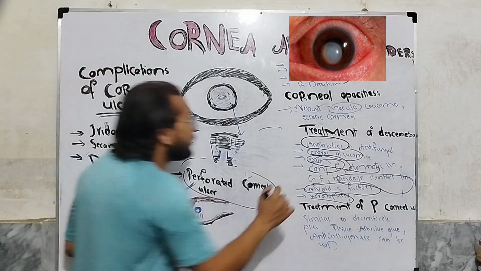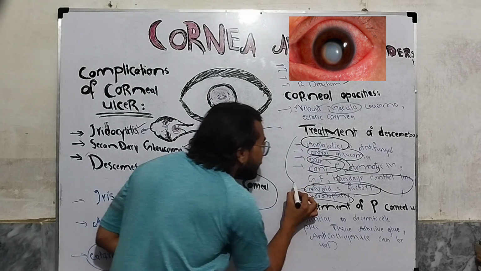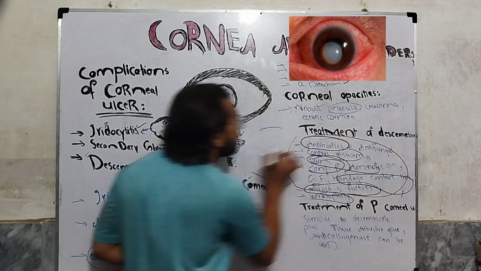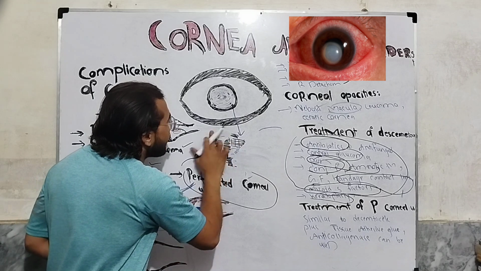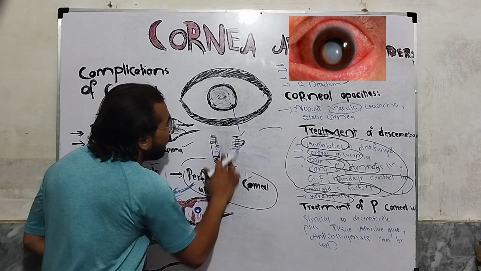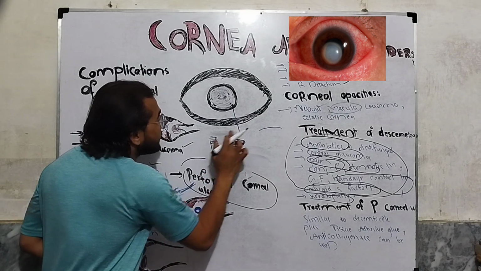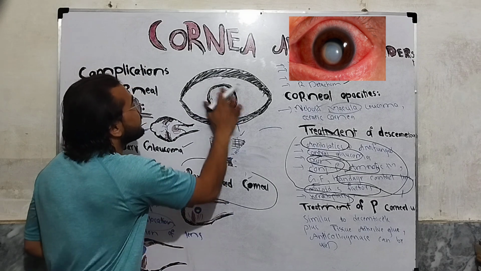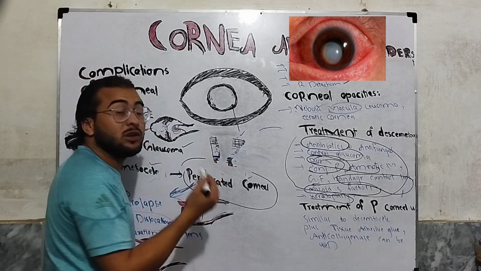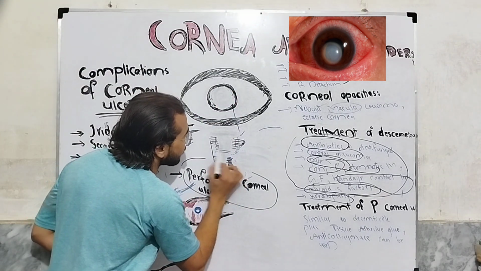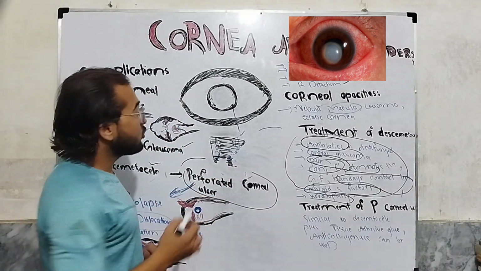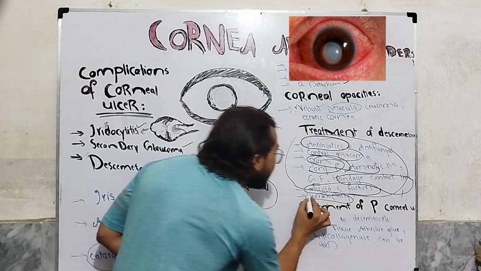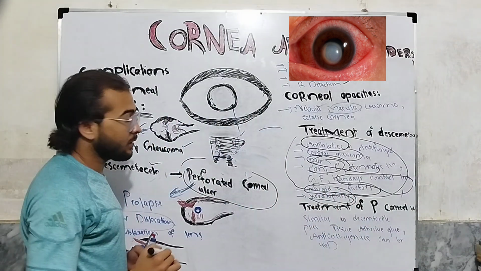If by all these treatments the descemetocele is still not managed, we will transplant the entire cornea of the patient, or only the defective layers. This is called keratoplasty.